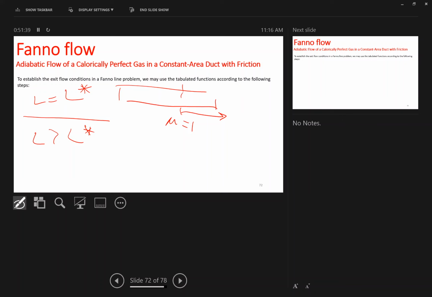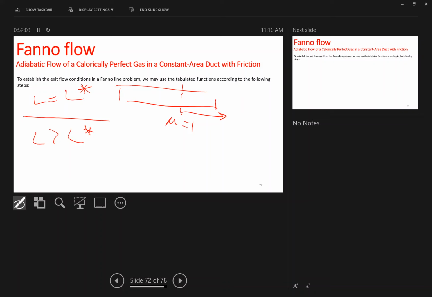So let's have the condition. The condition is your length is larger than the L star. And you know how to calculate L star for an incoming flow: M1, P1, T1, rho 1, whatever. Okay. So your L star is going to be this length, right? What does this mean?